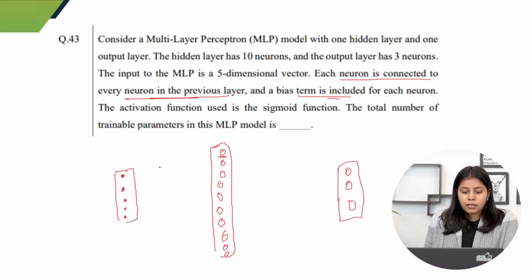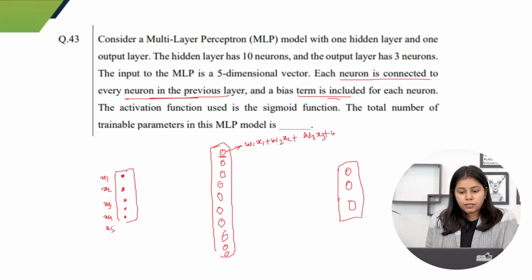So this neuron is connected with all the 5 values. Let's say I consider these as x1, x2, x3, x4, x5, so what would it become at this point? w1 x1 plus w2 x2, plus w3 x3, plus w4 x4, and w5 x5, and then we'll add one bias term, right?